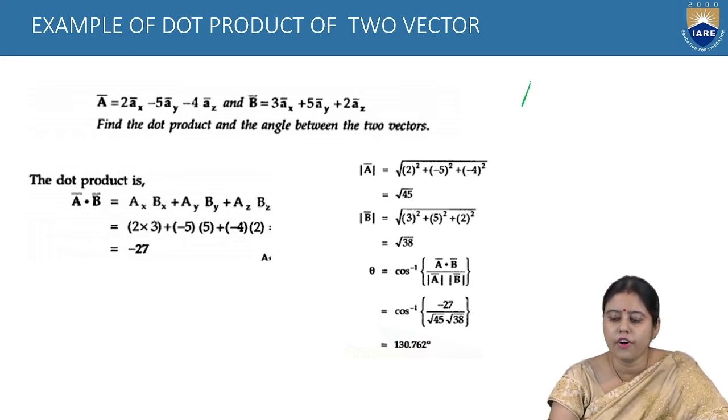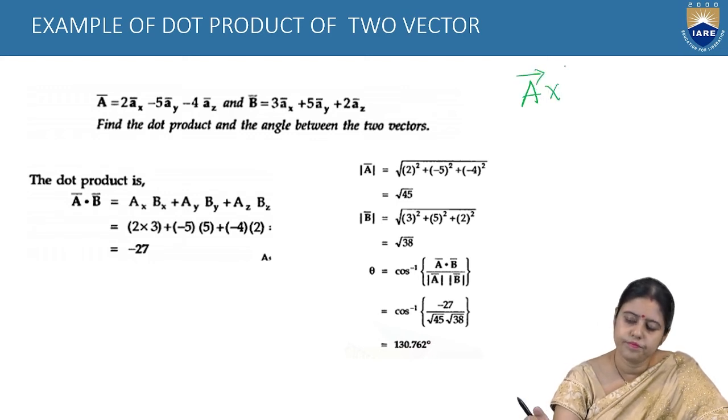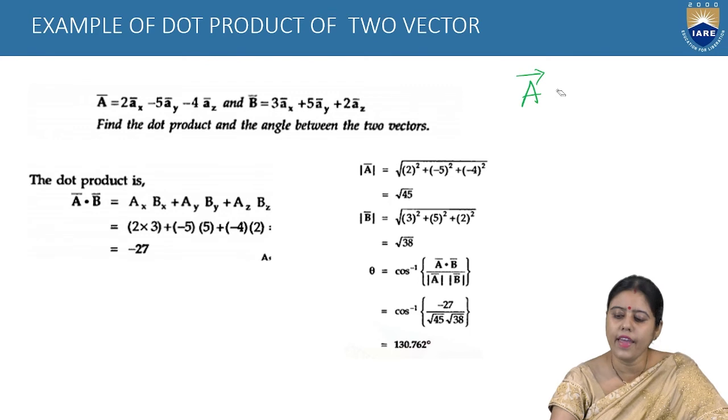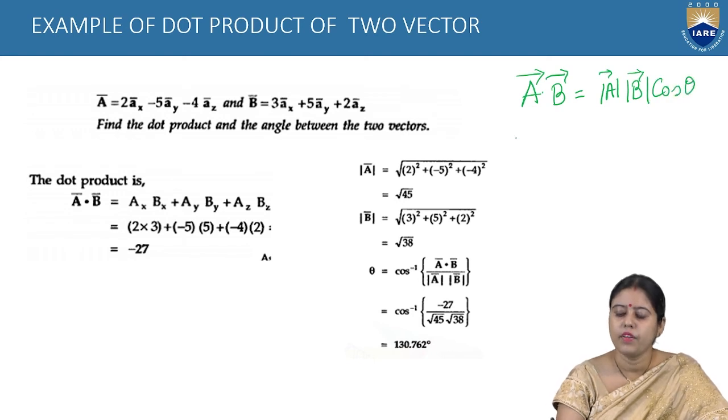So we know the formula A dot B equals mod of A mod of B cos theta. So what is the value of cos theta?